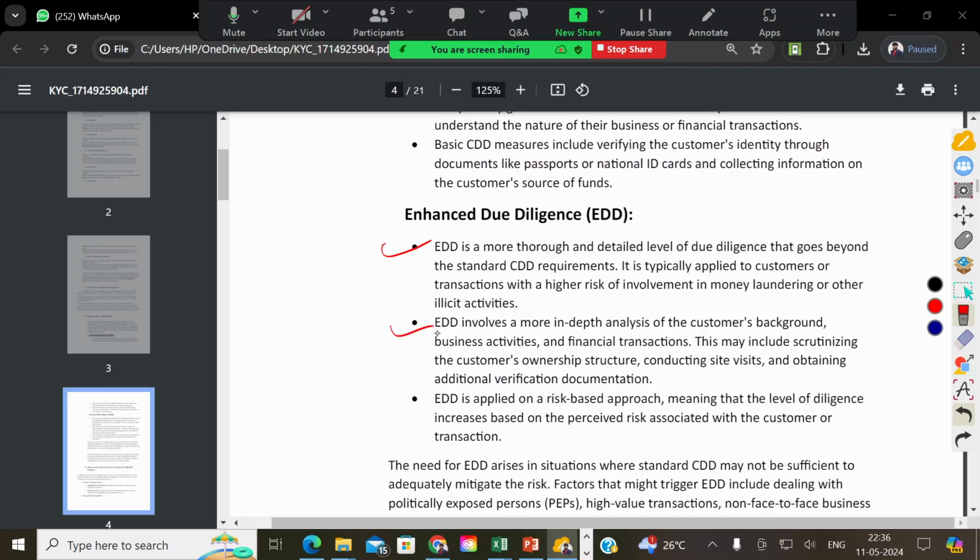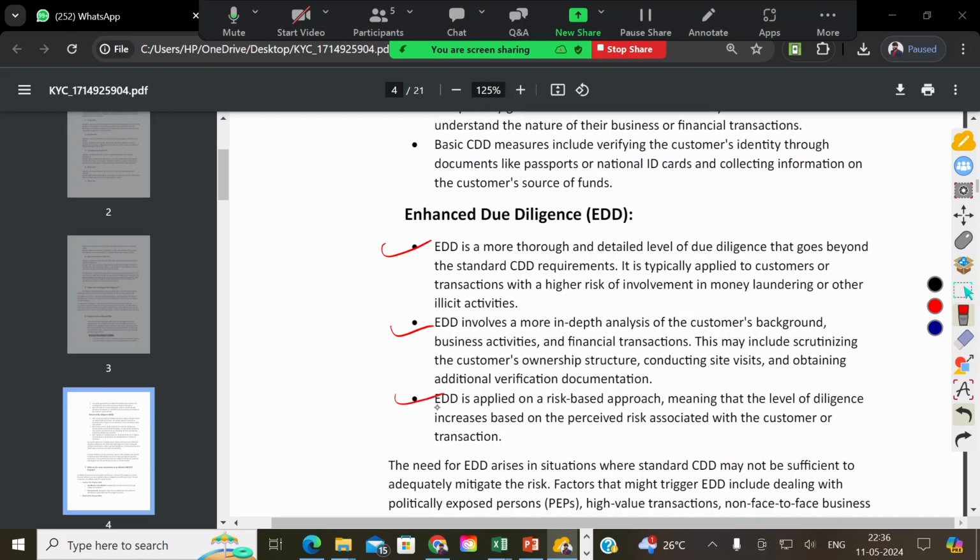EDD involves a more in-depth analysis of the customer's background, business activities, and financial transactions. This may include scrutinizing the customer's ownership structure, conducting site visits, and obtaining additional verification documentation.